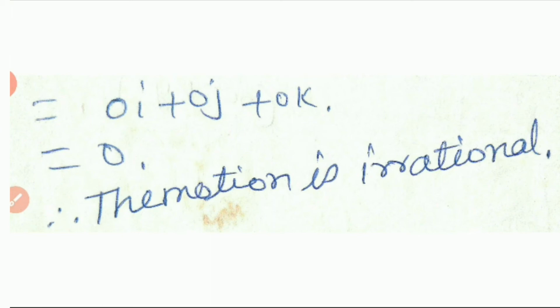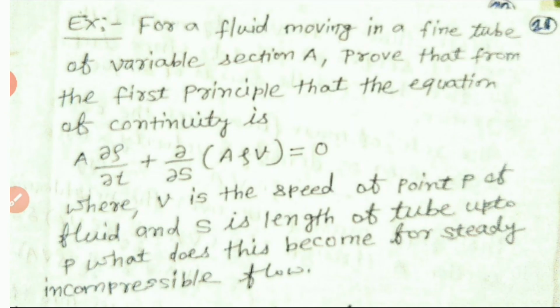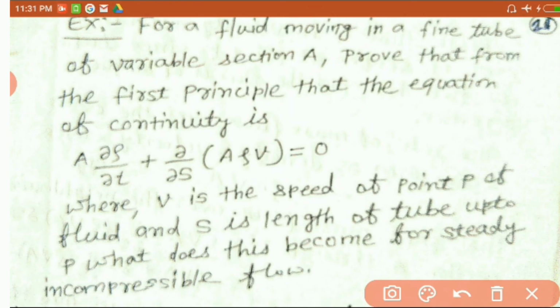That example is: for a fluid moving in a fine tube of a variable section A, prove from the first principle that the equation of continuity is A dou rho by dou t plus dou by dou s of A rho into V is equal to 0, where V is speed of point of a fluid and S is length of tube up to P. What does this become for steady incompressible flow?